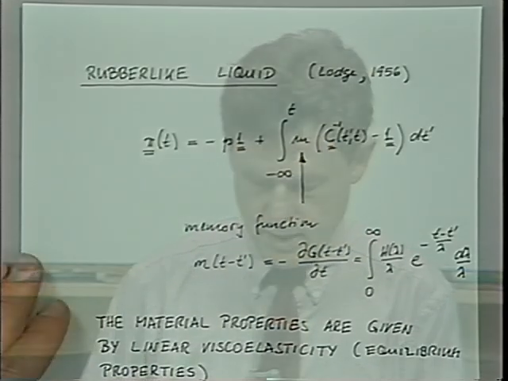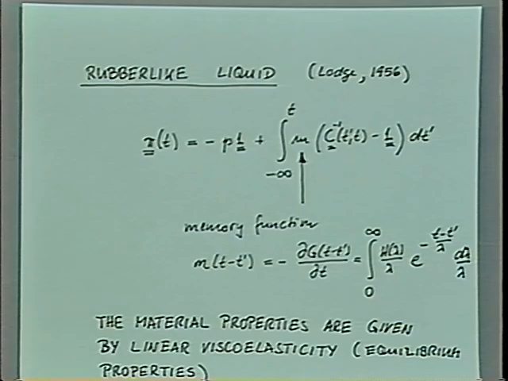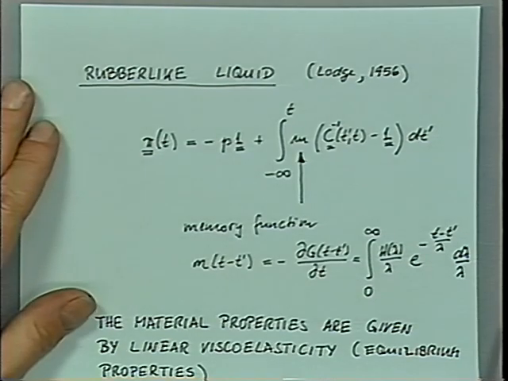Lodge modified the rubber theory of Treloar to describe a system which doesn't have permanent network junctions, but physical junctions which have a finite lifetime. And for those, he found elastic behavior on short time scales and viscous behavior on long time scales.